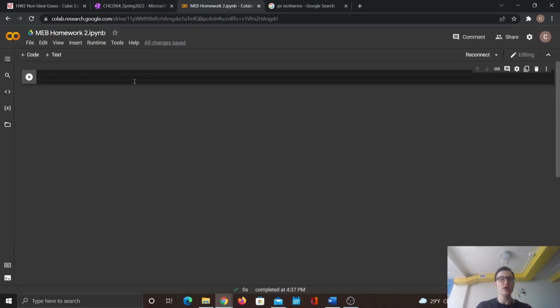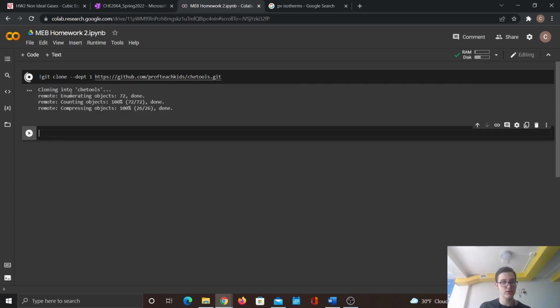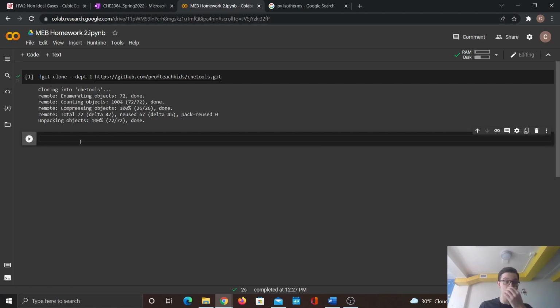So let's begin. First things first, I want to import the ChemTools script that our teacher wrote up for use in this code. So we're going to be using the command git clone double dash depth 1 and paste, and I want to do depth 1 to make this the first thing that pops up. This is connecting, initializing, cloning, and we're good. Now I want to import everything that I need.